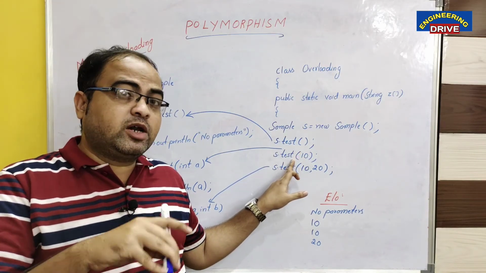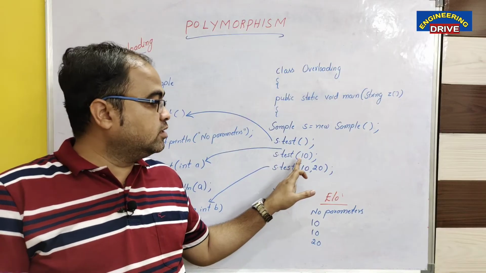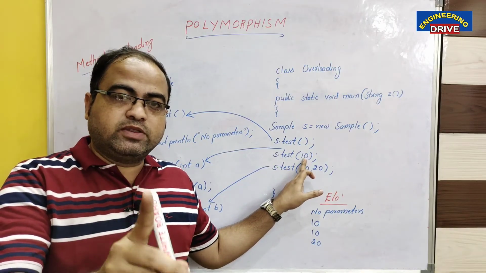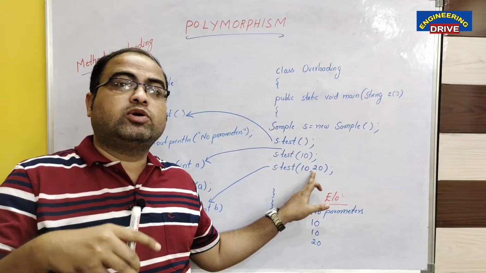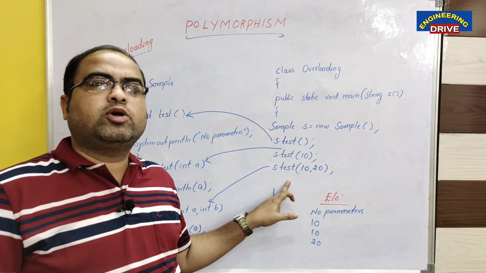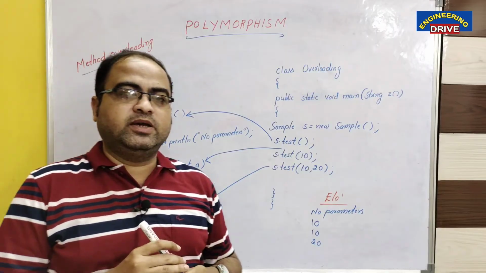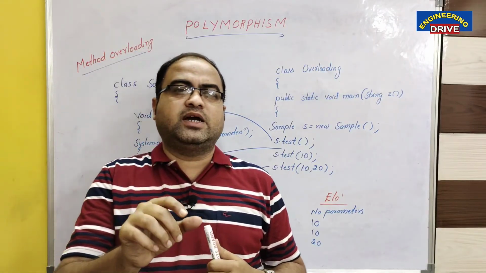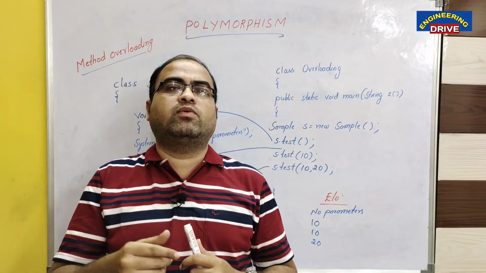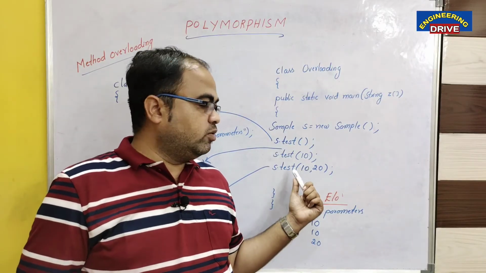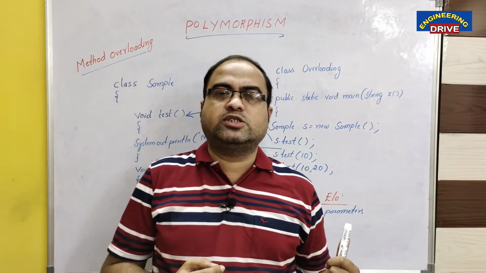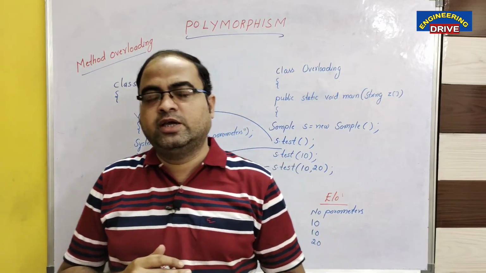But from the second time we are overloading the method with parameters. Second time we are overloading with 1 parameter. Third time we are overloading with 2 parameters. Fourth time you can overload with 3 parameters. Why are we using the word overloading here? Because only one method is doing heavy work depending on our calls. That's why this concept is known as method overloading.